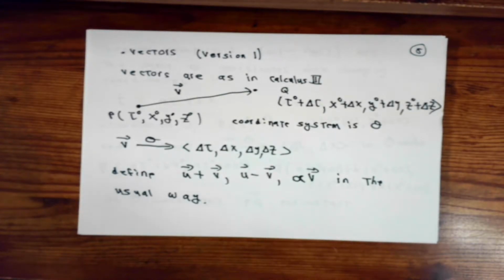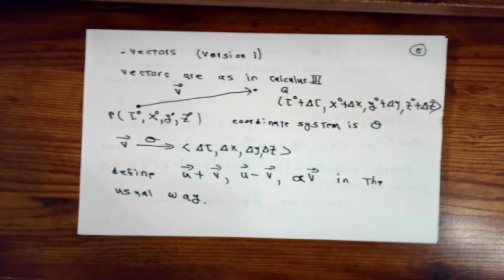In third semester calculus, you define the vector between 2 points in the plane as being a set of numbers called the components of the vector, which are formed by subtracting the coordinates of the endpoints minus the coordinates of the starting point.